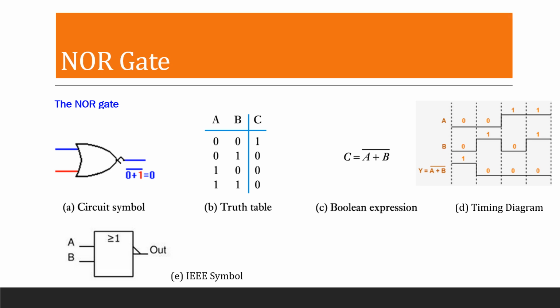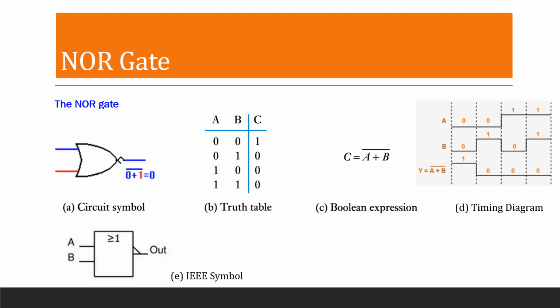So if all the inputs are 0, only then the output signal is 1. It is just the opposite of the OR gate. And the logical expression used for representing this NOR gate is C is equal to (A plus B) the whole bar.